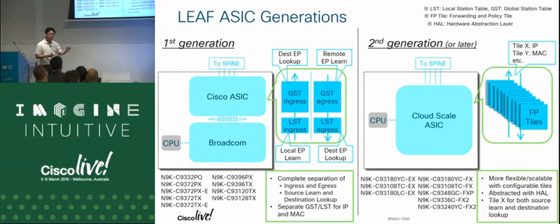So capacity-wise, efficiency-wise, it's much better. And also the flexibility, not a lot of customers use it, but we can carve those FP tiles usage based on your requirement. If you want more IP entries, then you can do IP weighted mode.